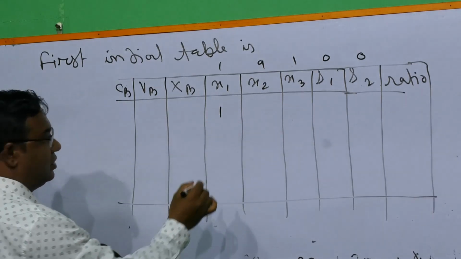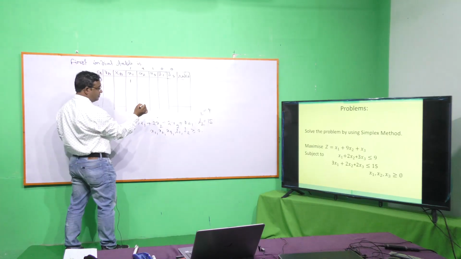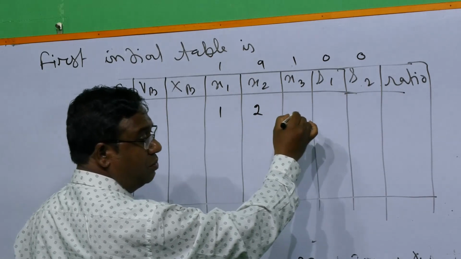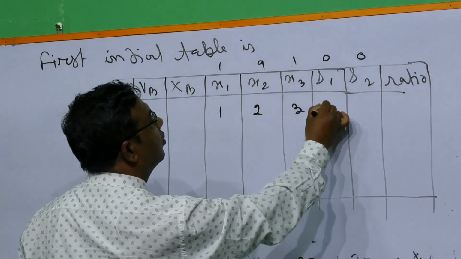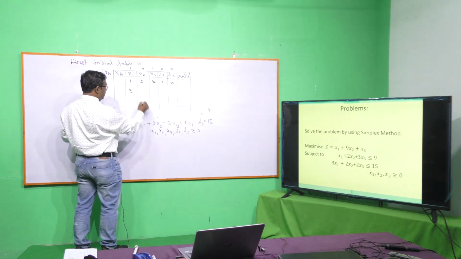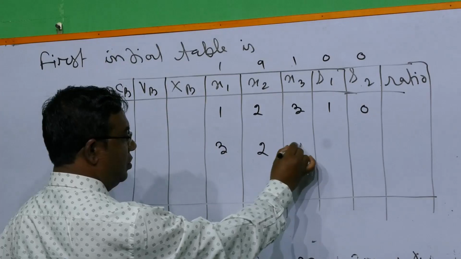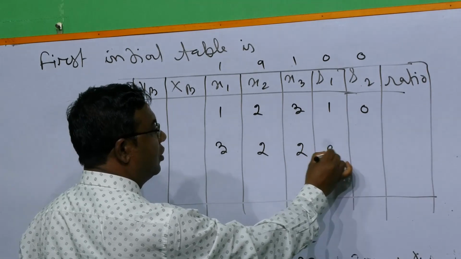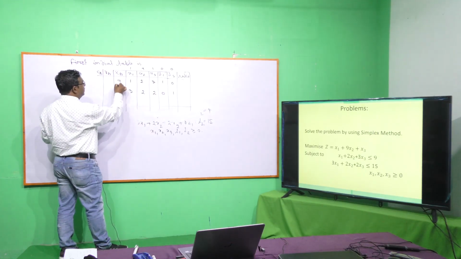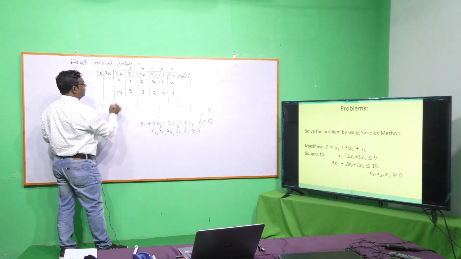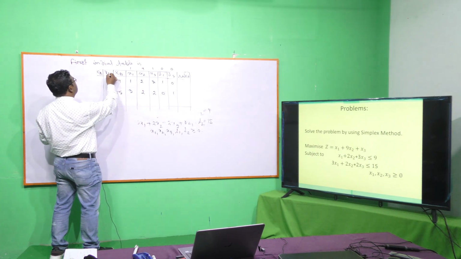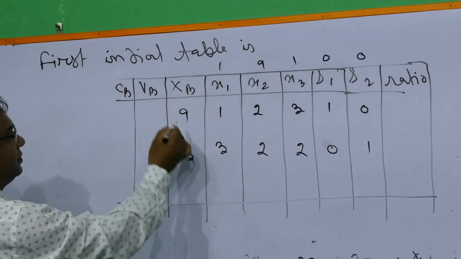This is the first row: you take coefficients from the first equation, 1, 2, 3, 1, 0. Then from the second equation, 3, 2, 2, 0, 1. Then you write the right hand members here, 9, 15. Then you write the variables.